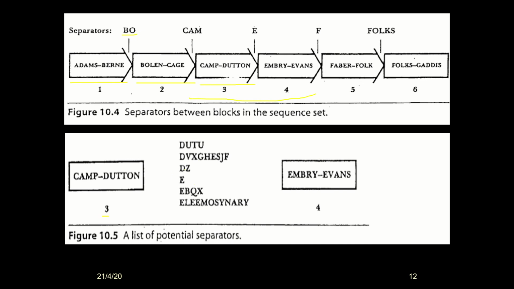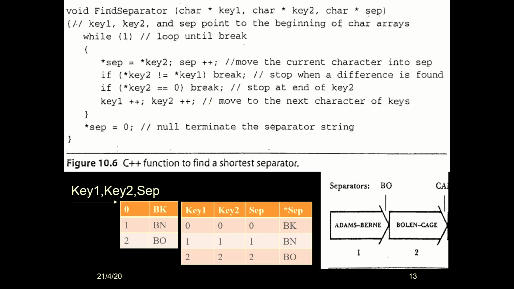From this we select the efficient separator for separating block 3 and block 4. We are going to use an algorithm to see how this separator is identified. Here the very smallest separator is E, so you can see that E is selected.